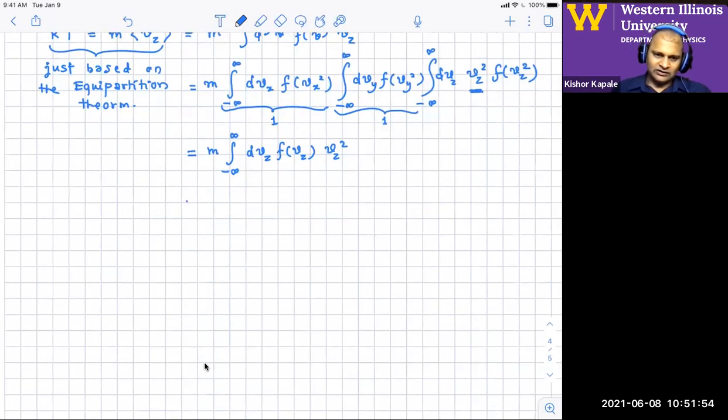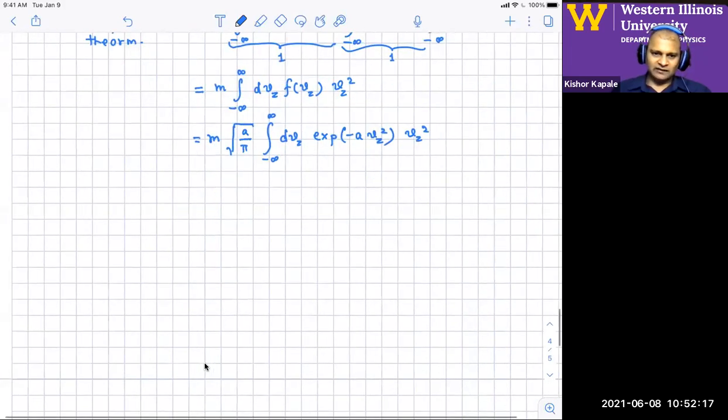And now we're going to substitute for the f of vz, which had the normalization of square root of a over pi, integral from minus infinity to infinity dvz, and then we had exponent of minus a vz squared, times vz squared. Okay, so that's just the average value of vz squared.